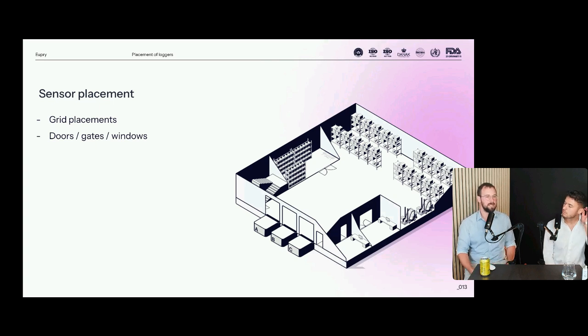We rarely see that doors, gates, and windows do not have some impact on the temperature. In that case, those should be monitored. And we often do see in larger warehouses that at least 50% of doors, gates, and windows should be monitored, because it does have a great impact.